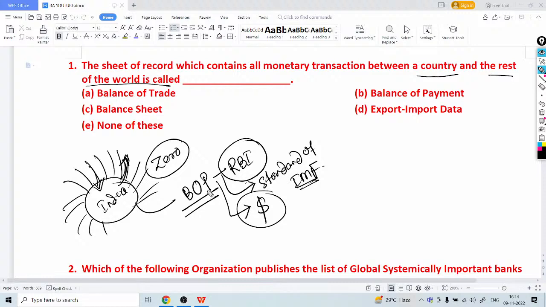In balance of payment, a major part is called the balance of trade. The answer is balance of payment.